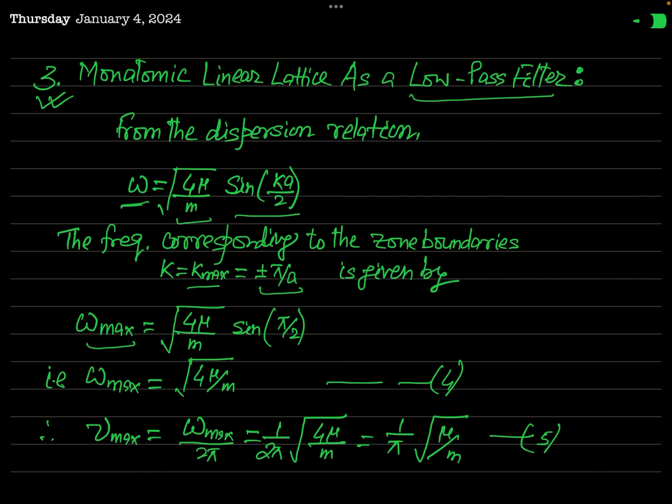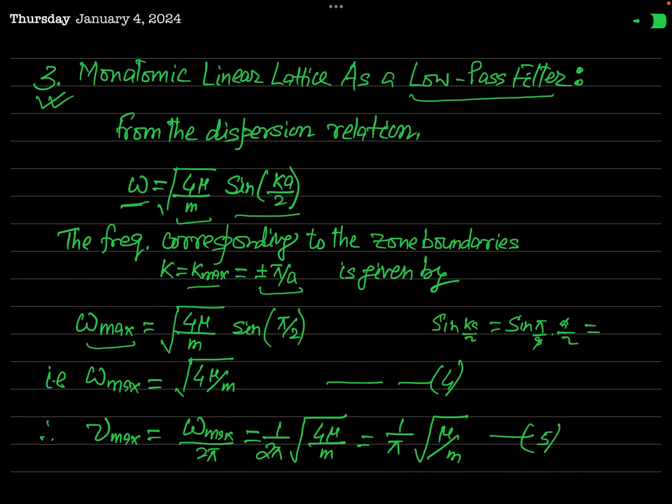So omega maximum will be what? For getting the maximum value of omega, or the value of omega corresponding to the zone boundaries, we will simply substitute pi over a in place of k, not plus minus, because omega is never negative. So we discard the minus sign. When you substitute it here, you get sine of ka by 2, taking k equal to pi over a, times a over 2.